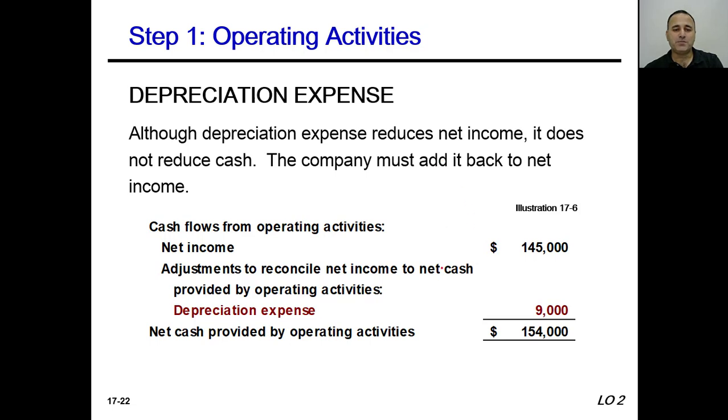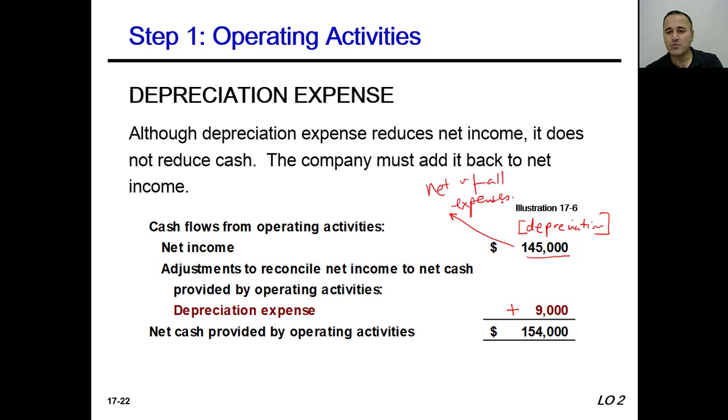Depreciation expense, as I said, we have to add this back. So if my net income was $145,000, it means that I already subtracted depreciation. So this 145 is what we call net of all expenses.